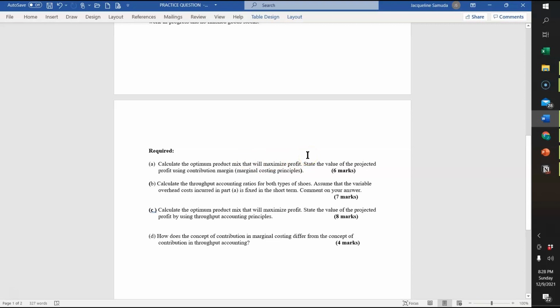Now, A and B are basically the same question. It's just that A and C, one focuses on marginal costing principles, and the other one focuses on throughput accounting principles.